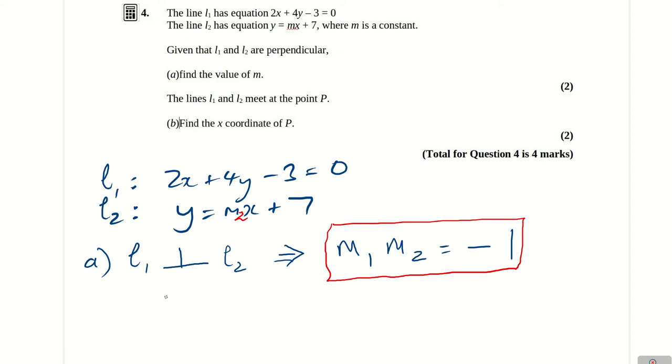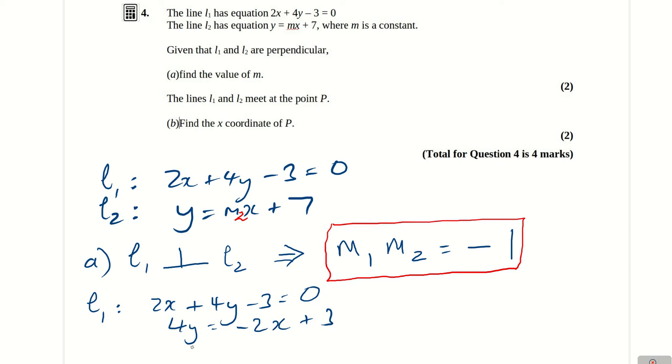Right, so the first thing to do is to work out what the gradient of L1 is, and to do that we're just going to rearrange the formula to get it in the form y equals mx plus c. So we've got 2x plus 4y minus 3 is 0. 4y is going to equal minus 2x plus 3.